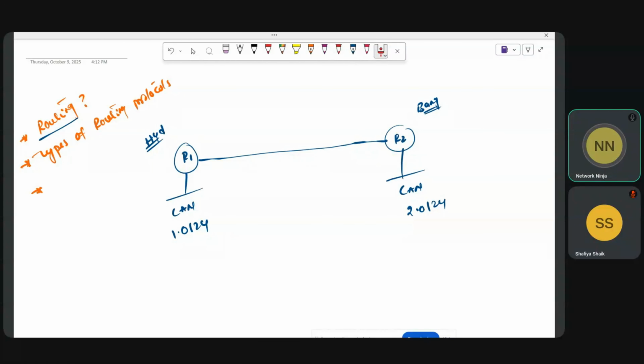As we discussed, routing is the process to select the path for data to travel from one location to another, from source to destination, or one network to another network. In R1's office we have the 1.0/24 network, and in R2's office we have the 2.0/24 network.